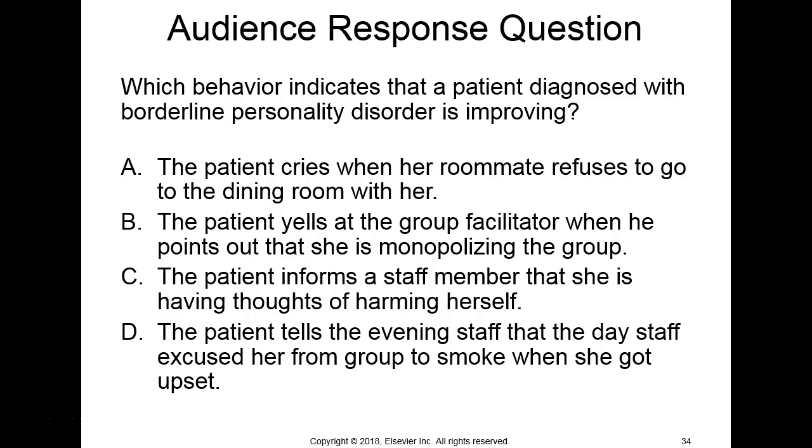They're not able to take feedback because that patient is monopolizing the group. So that's not really showing a lot of improvement. And D is a really good example of staff splitting, because the patient is telling the evening staff that the day staff let them have a privilege, and they're trying to get away with something that maybe they shouldn't be getting away with. So that's the end of Learning Plan 4.